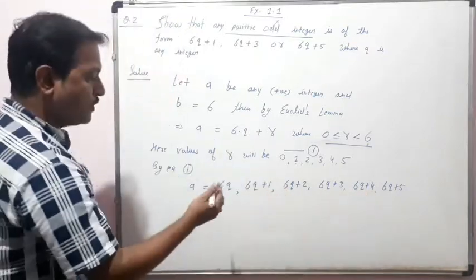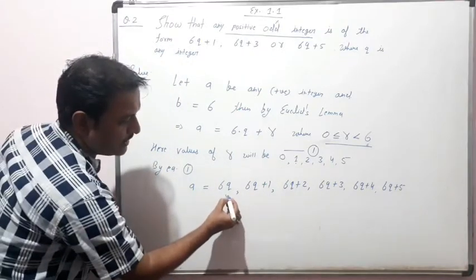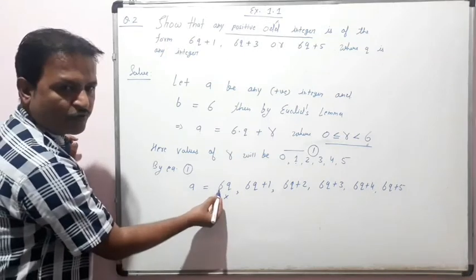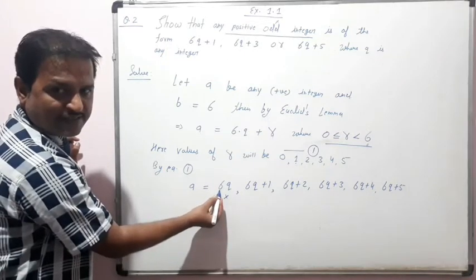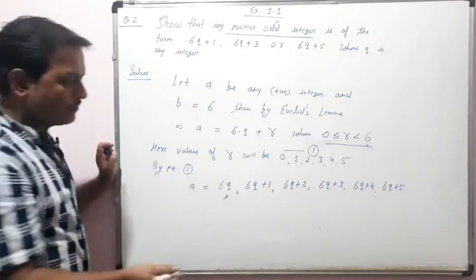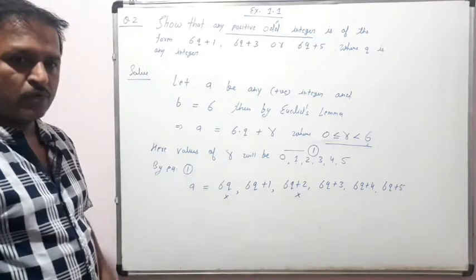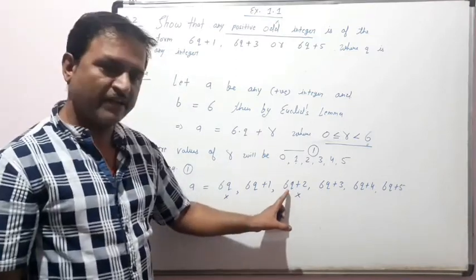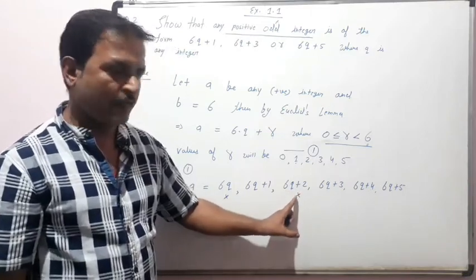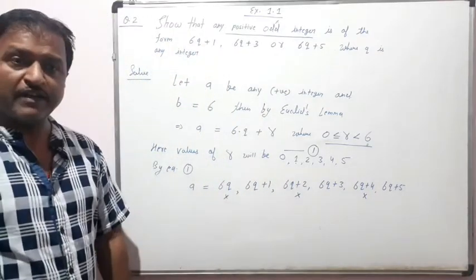Clear? So now you can see in these values 6q is an even number because it is a multiple of 2. 2 times 3 is 6. Any multiple of 2 is an even number. 6q plus 2 is also an even number because this whole number is divisible by 2. 6q plus 4 is also an even number.